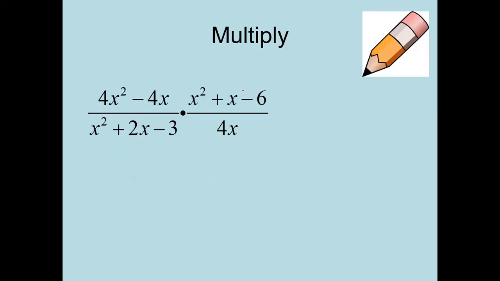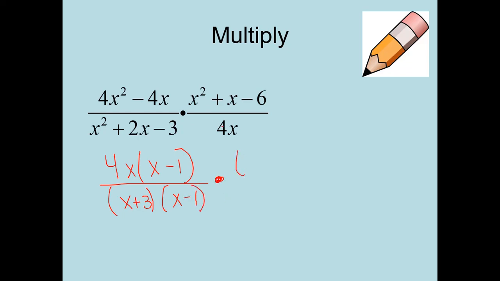Let's try another one. Let's factor the numerator there, 4x, so that's x minus 1. This denominator, I do need to guess and check on that one. An x and an x. I need 3 and a 1, and I need a positive 2, so that means a plus 3 and a negative 1. Looks like it. Let's factor that numerator.